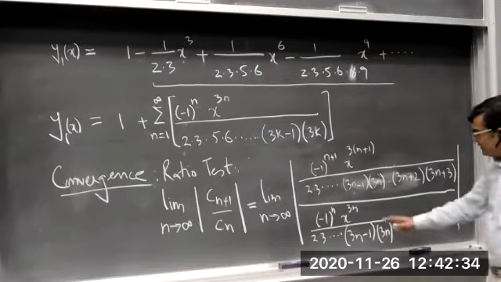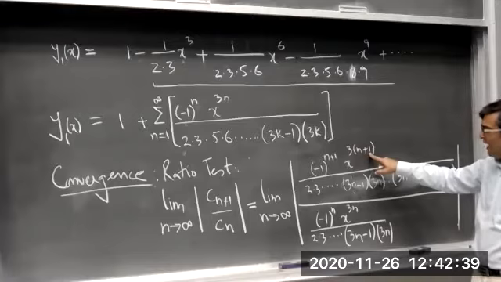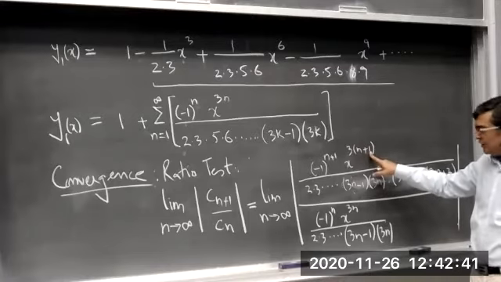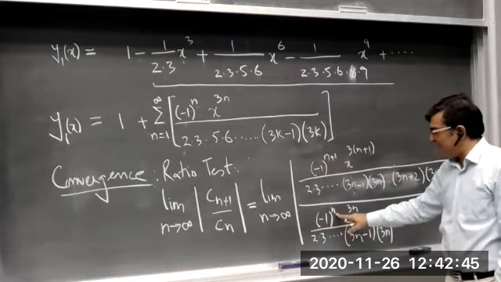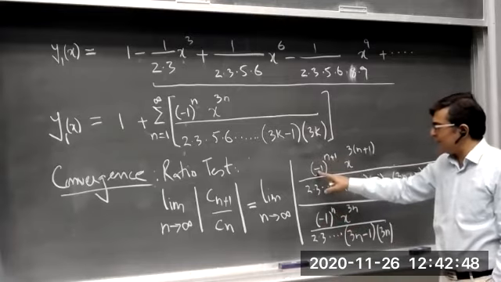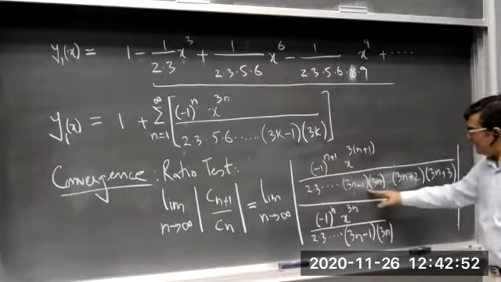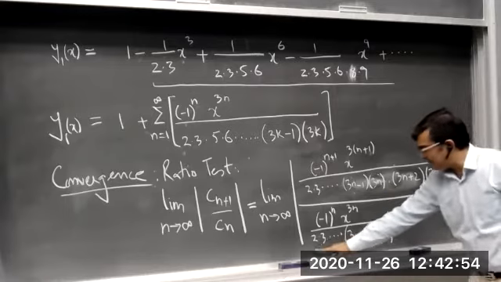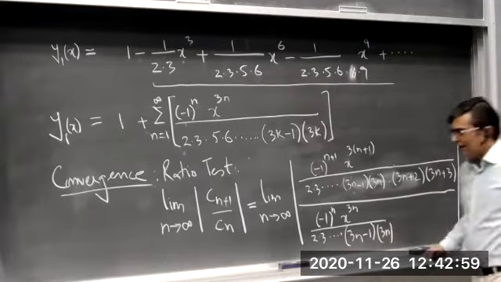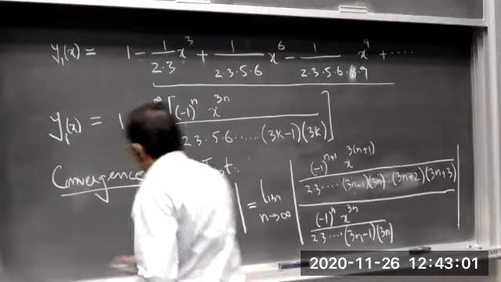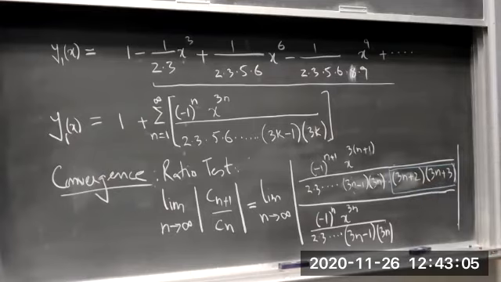Now you can see that we can cancel x power 3n with x power 3n and we'll have x power 3 here. And (minus 1) raised to the power n plus 1 over (minus 1) raised to the power n, the n and n cancel, and we get minus 1 power 1. And all the terms until here will be cancelled out with these terms, and we are left with only this term in the denominator.